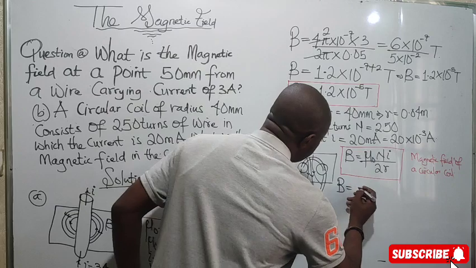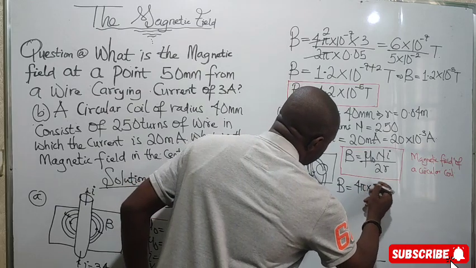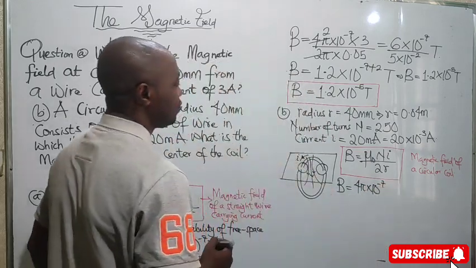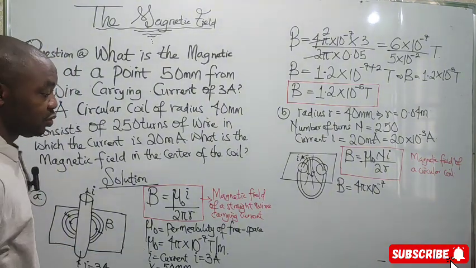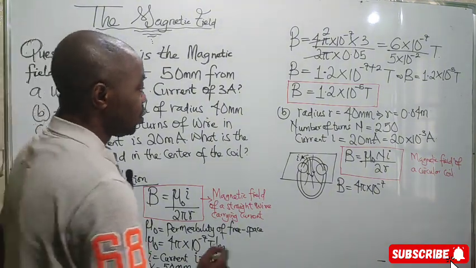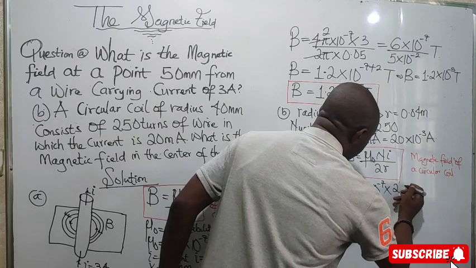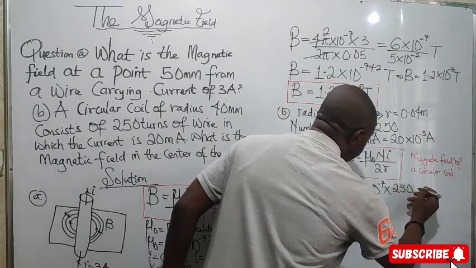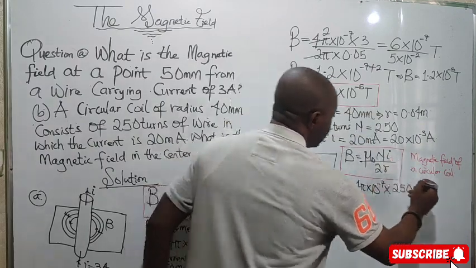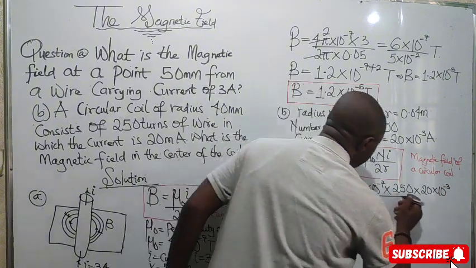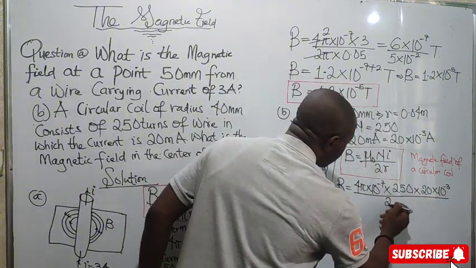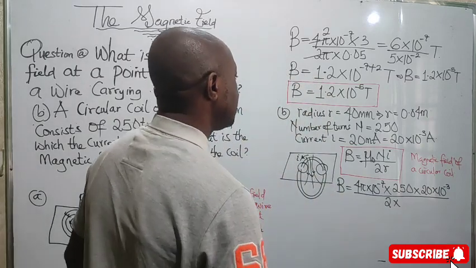So we have B equal to 4 pi times 10 raised to the power of minus 7, because we know that the permeability of free space is 4 pi times 10 raised to the power of minus 7. We then multiply by the number of turns, 250, then multiply by the current, which is 20 times 10 raised to the power of minus 3, all over 2 times the radius.